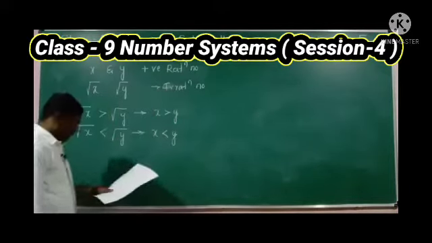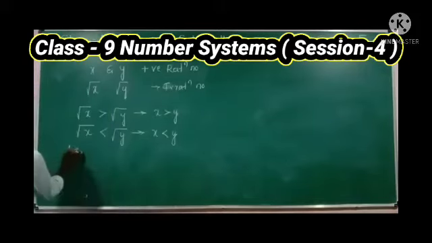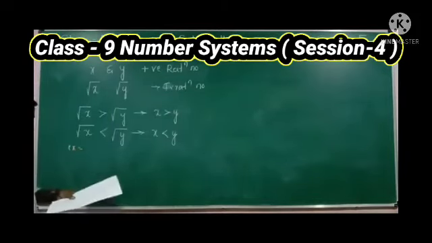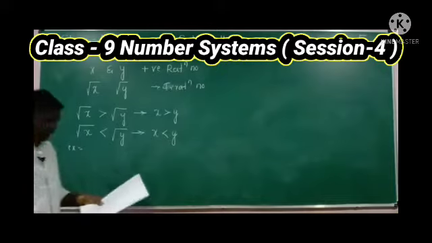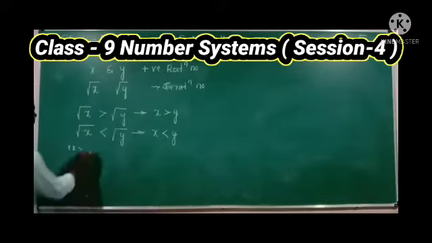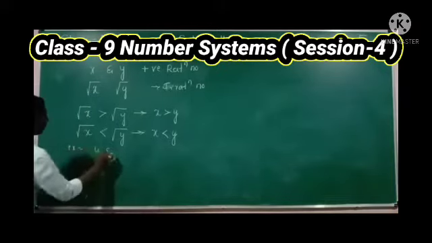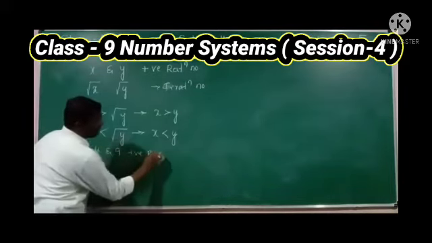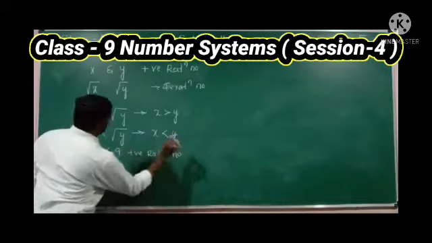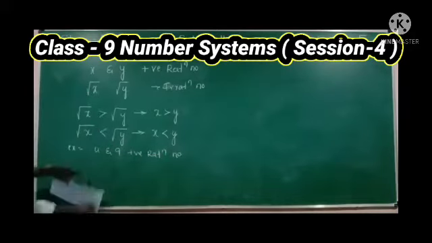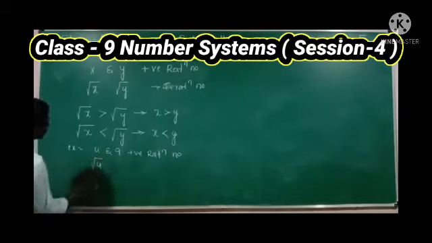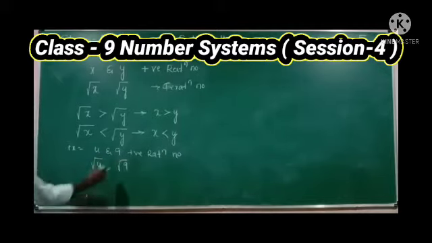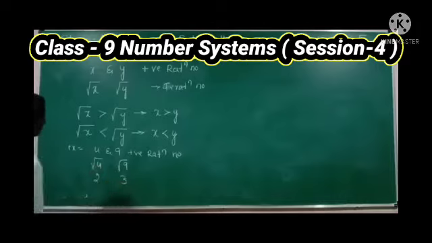For example, I will take one example for this. 4 and 9 are positive rational numbers, right? So what is the square root of 4 and the square root of 9? The square root of 4 is 2, the square root of 9 is 3.